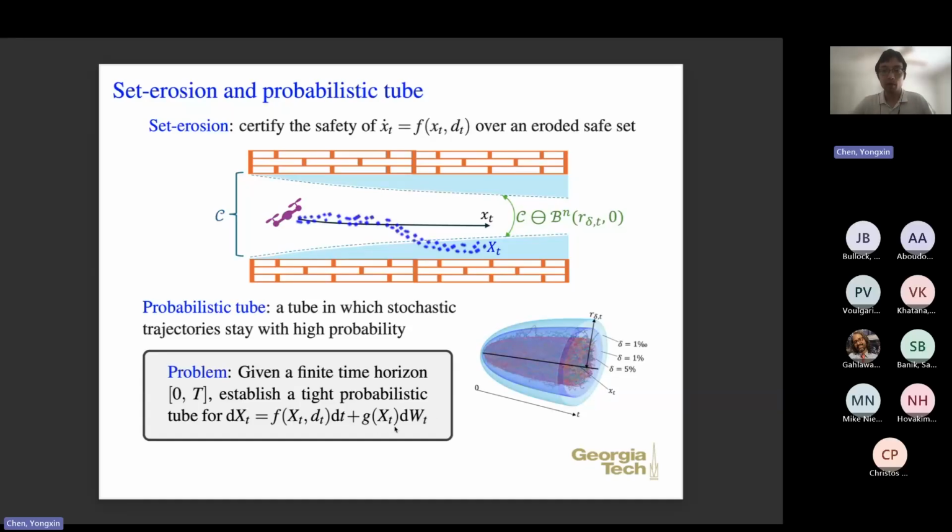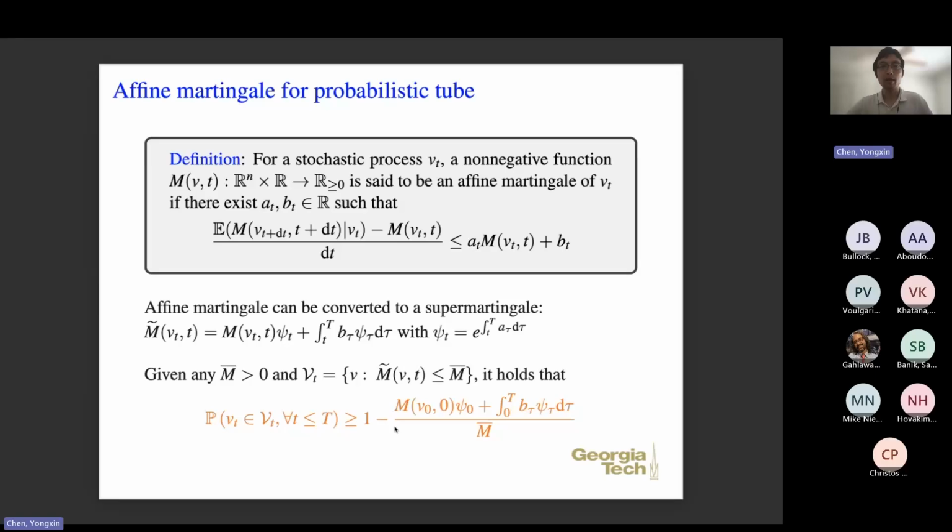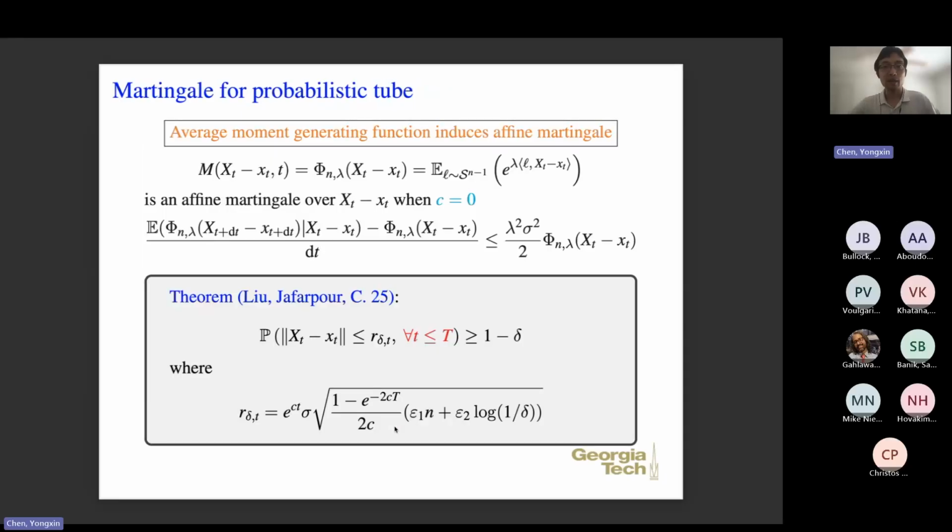In the details, it turns out we can modify the martingale in a certain way and quantify this. And what is interesting is that the secret weapon, the average moment generating function, is in fact a kind of martingale. So we don't need to develop one, we can just use this specific function as the martingale. And with this, we roughly get this type of result.